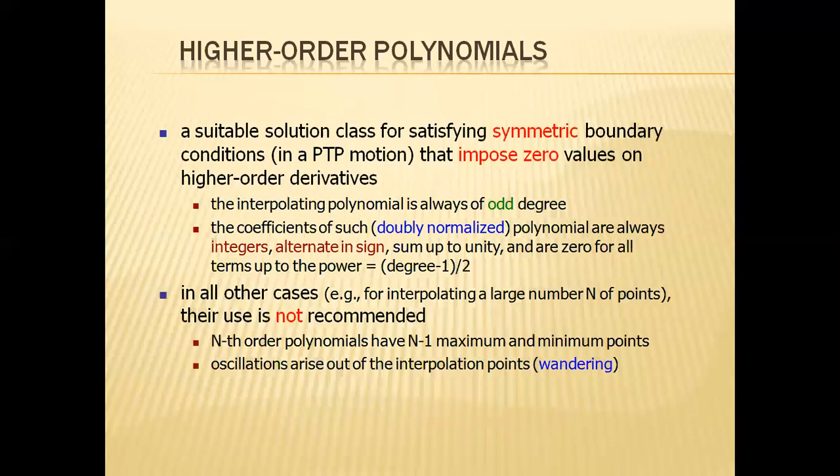So higher order polynomials are also possible in the case of point to point motions, and these can be calculated with respect to the higher doubly normalized conditions also.